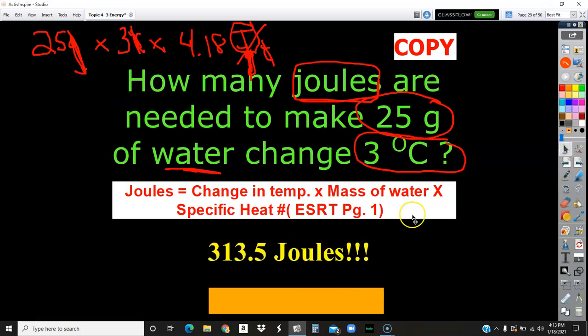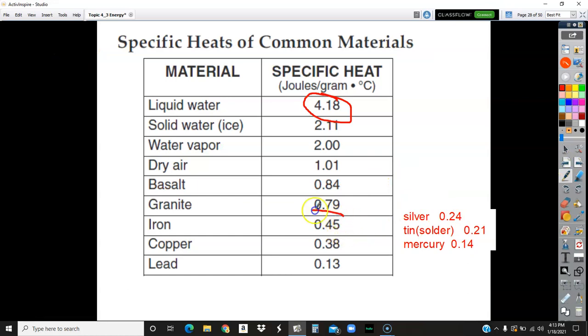Yep, 313.5. So again, just to remind you, you take the change in temperature, whatever that temperature went up or down, in this case 3 degrees, times the mass of the substance, which was 25, times the number for whatever substance. Now, if this didn't say water and this said iron or copper, I would have gone to my reference table and picked one of these numbers: iron, copper, lead, whatever substance they put into the word problem.